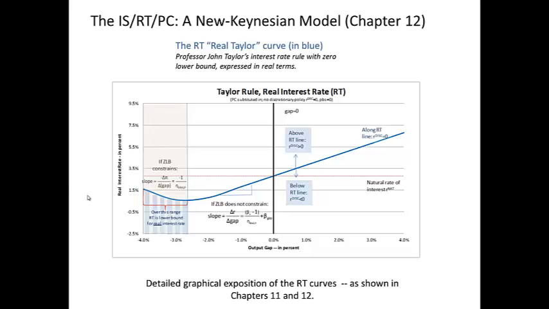It simply can't get any lower. This means that if the output gap falls, inflation falls, and the real interest rate rises. Therefore, over this segment, the RT curve is negatively sloped. More generally, when the zero lower bound is not constrained, the RT curve slopes upwards.